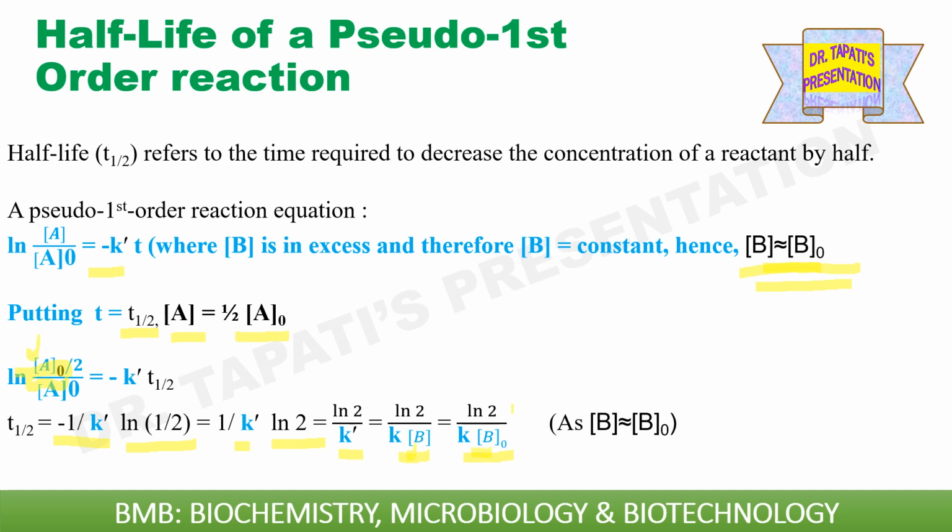This is the half-life of a pseudo-first order reaction. So the half-life of a pseudo-first order reaction depends on the initial concentration of B that is in excess in the reaction.